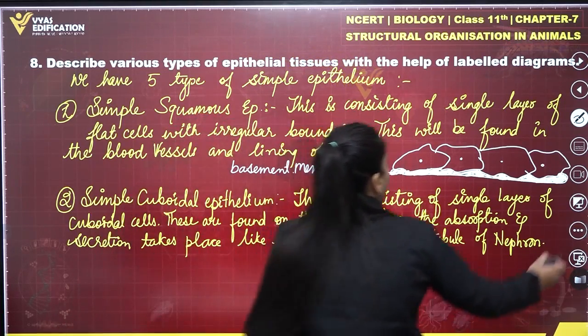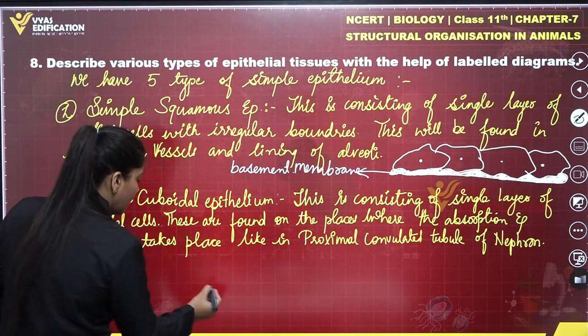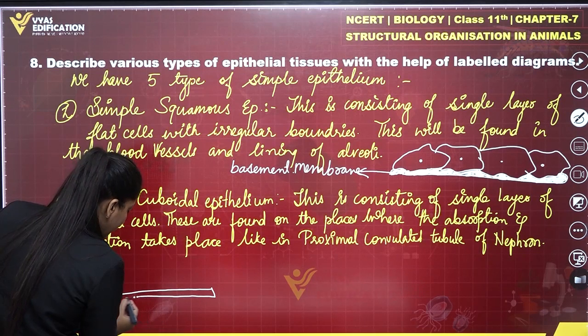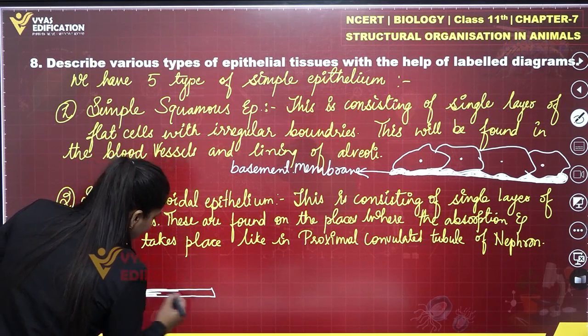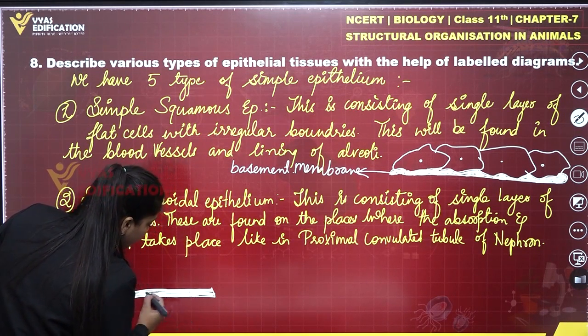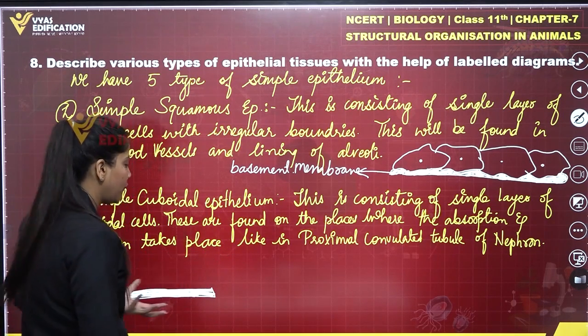Now let's make a diagram of this simple cuboidal epithelium. So here, this is a basement membrane, of course. In each and every type of simple epithelium, you will find an acellular basement membrane to which the single layer of cells are attached.